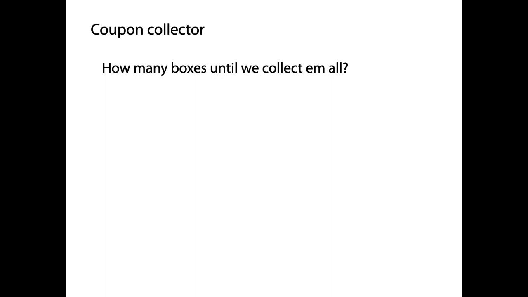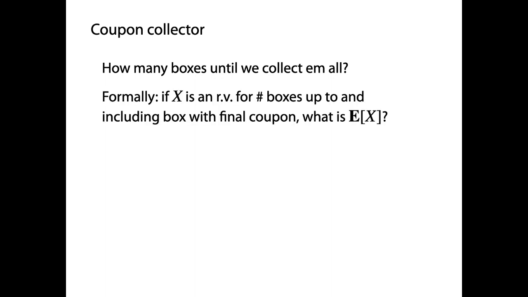So more formally, let's think of it as a random variable, capital X. We'll call this the coupon collector random variable. It's the random variable representing how many boxes I had to open in this coupon collector context, where there are n things to collect, and I collect them via uniform and independent draws.